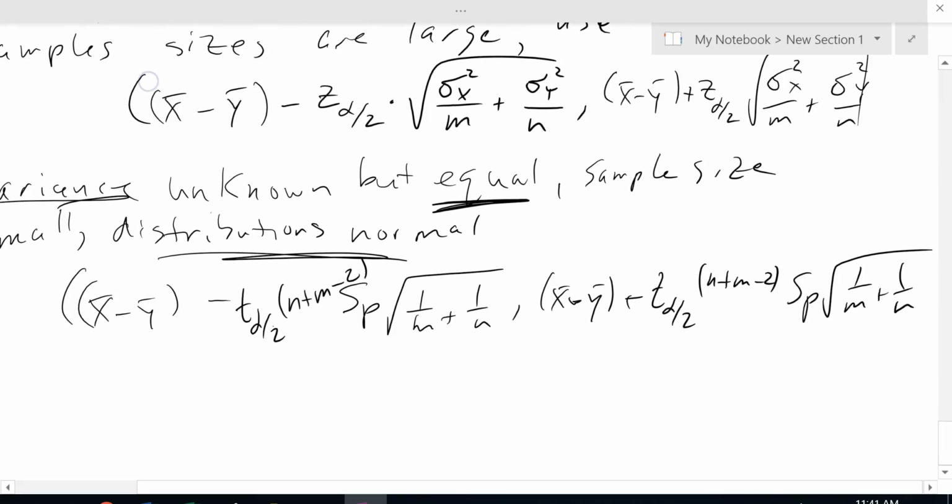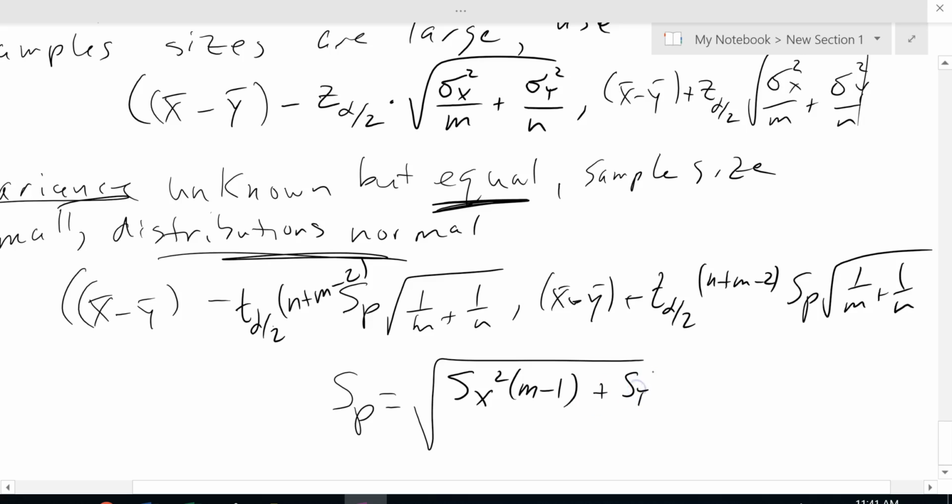I should tell you what the S_p is. Essentially, what we're doing is a weighted mean of the variances. So you take your S_x squared and weight it with m minus 1 degrees of freedom. You take your sample y variance, S_y squared, weight it with n minus 1 degrees of freedom, and then divide by the total number.